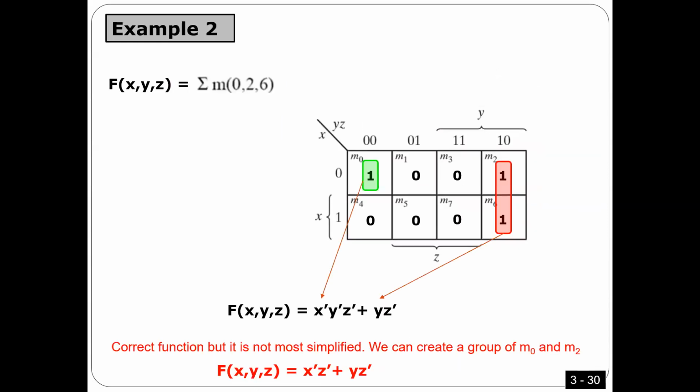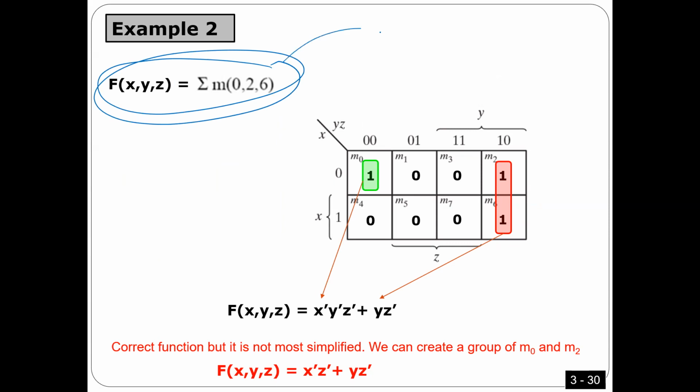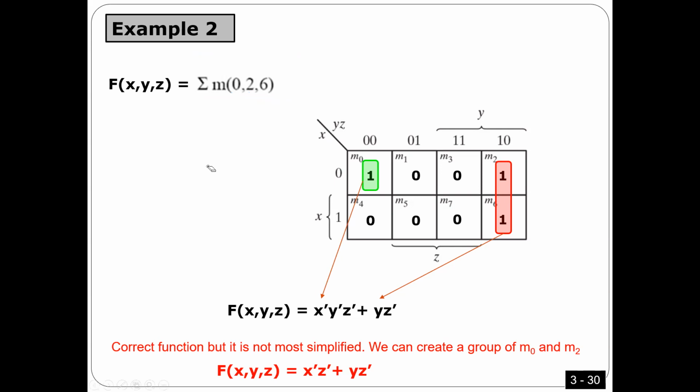Example two, I can give you the function this way. All you have to do to represent this function here is in M0, put 1, in M2, put 1, M6, put 1. After that, put 0 everywhere. Now, let's think about groups.